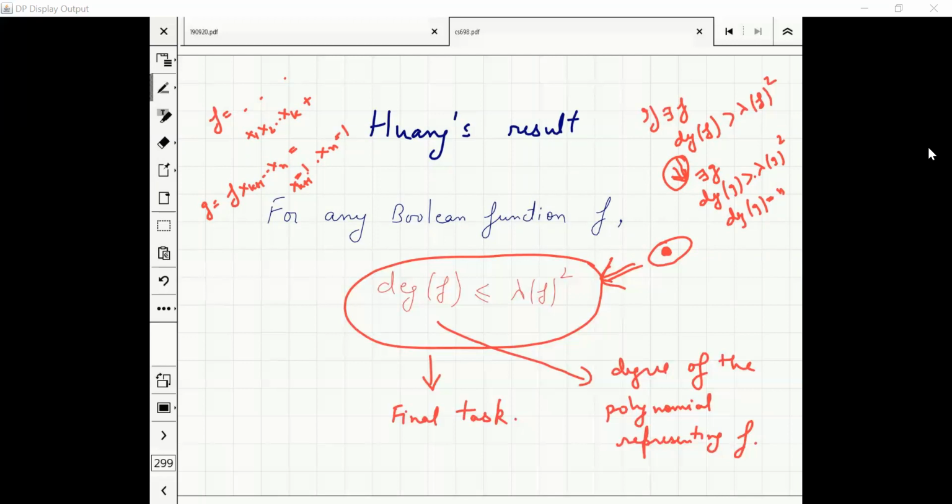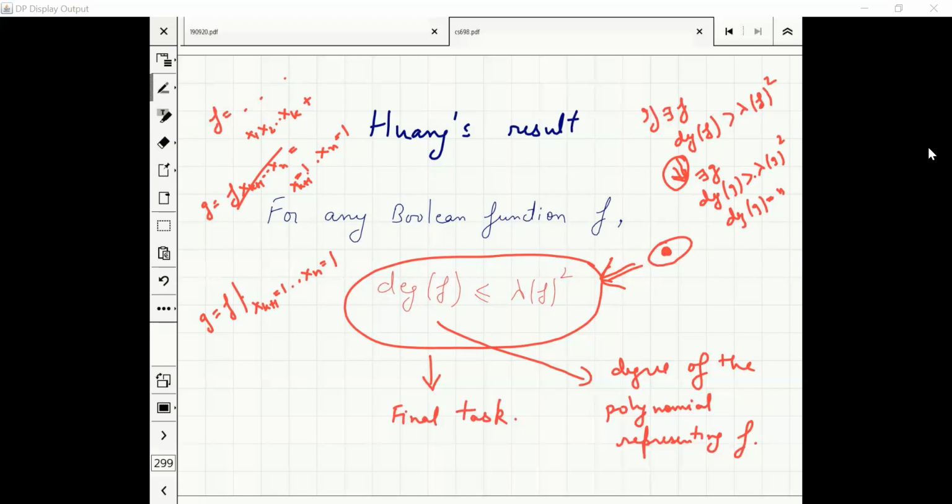Then what will be the degree of G? I'm defining G to be f restricted to xk plus 1 equal to 1, up to xn equal to 1. Let's keep them all as 1, but you can actually keep them as whatever you want. The degree would remain the same.